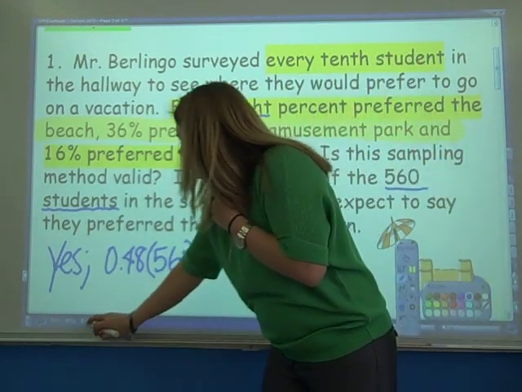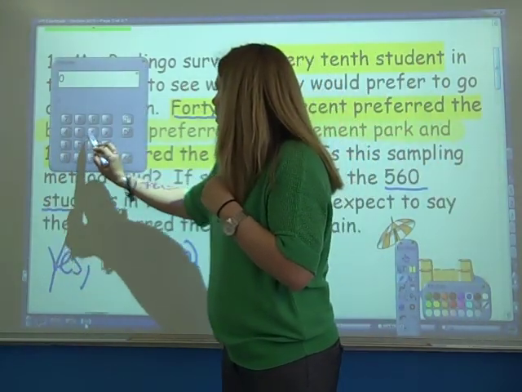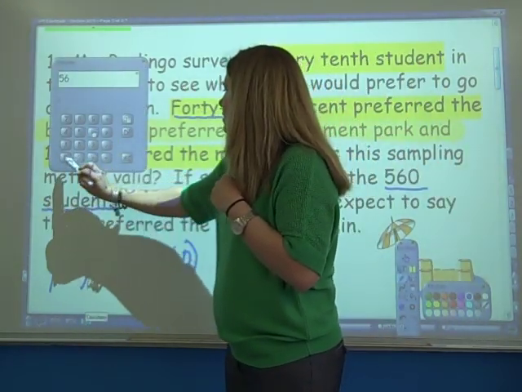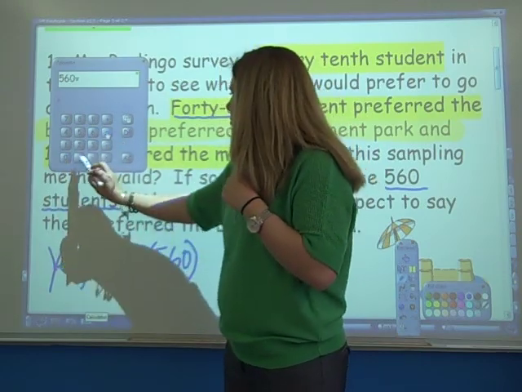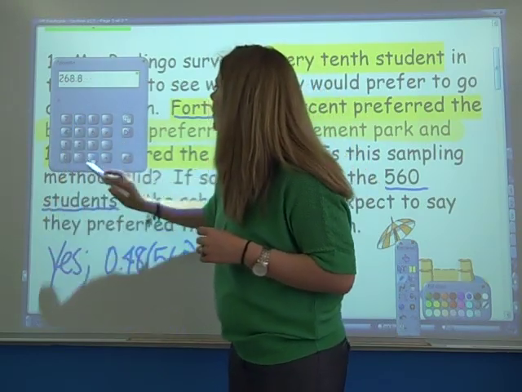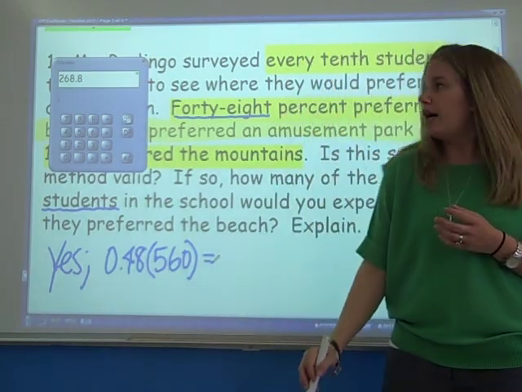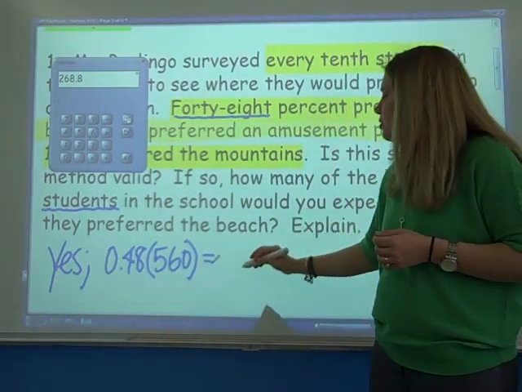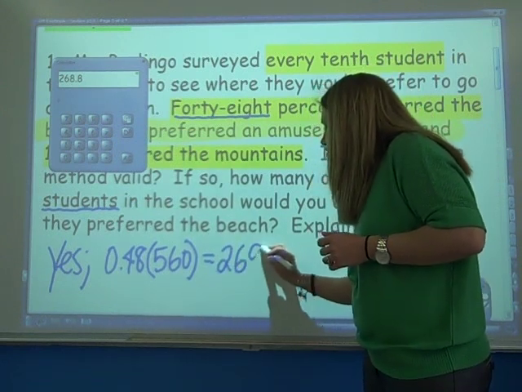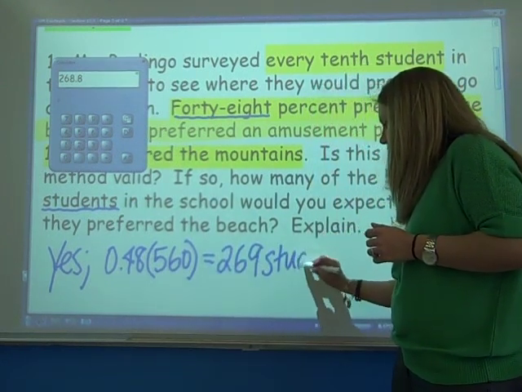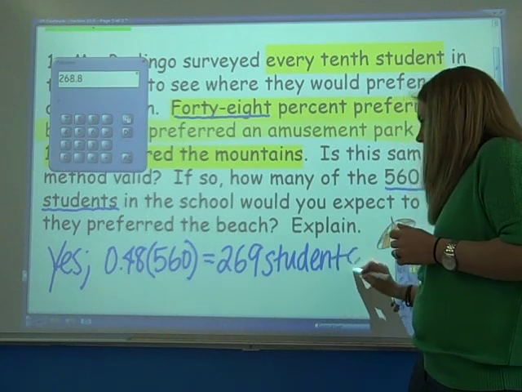Let me grab a calculator. We have 560 times 0.48. We get, okay, well you can't have part of a person. So I'm going to round that up to about 269 students are going to say that they prefer the beach.